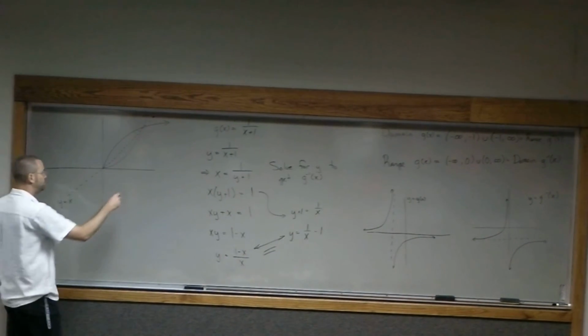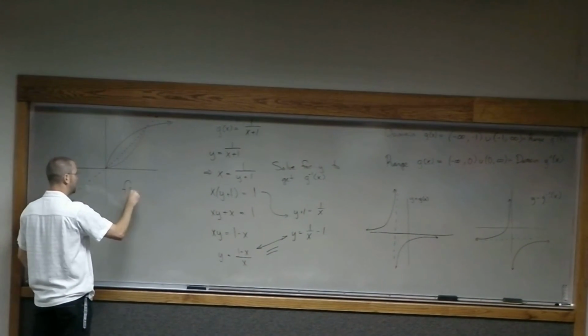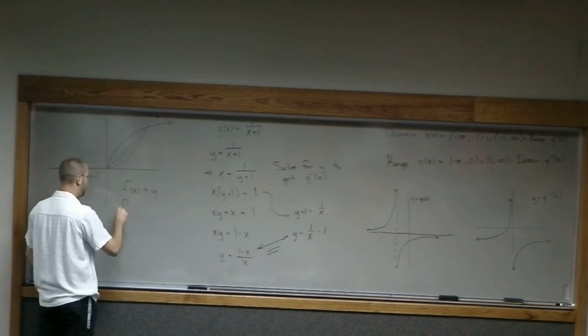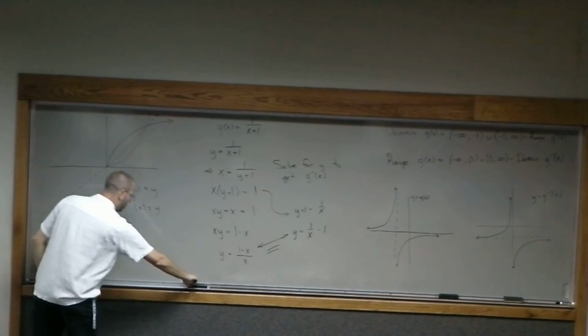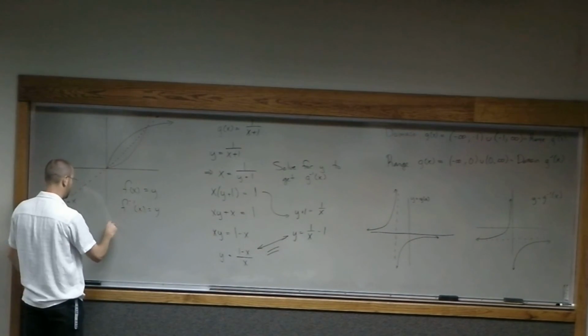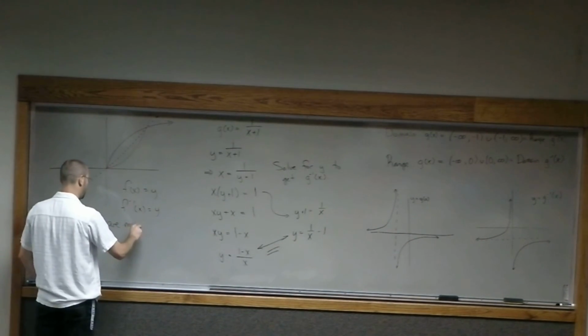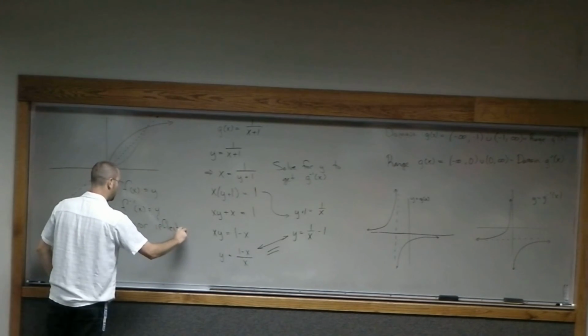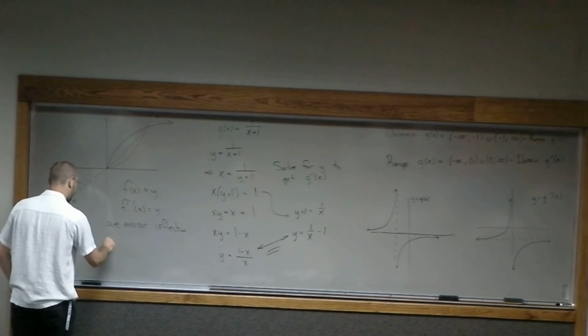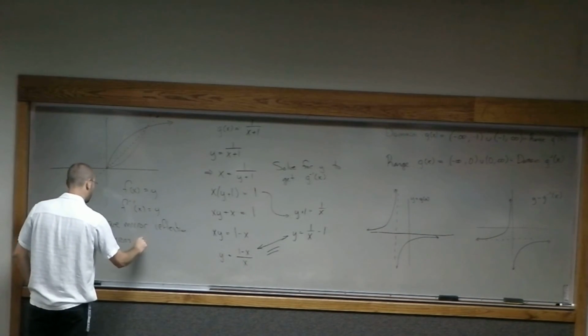Okay? So f of x and f inverse of x are mirror reflections across the line y equals x.